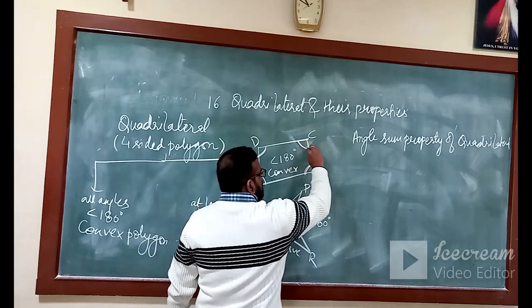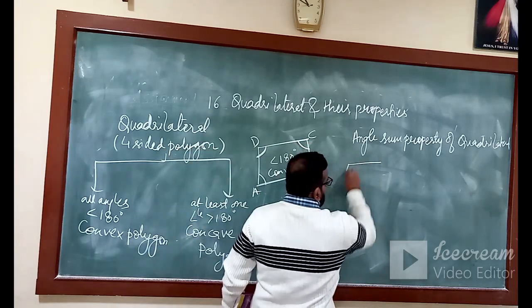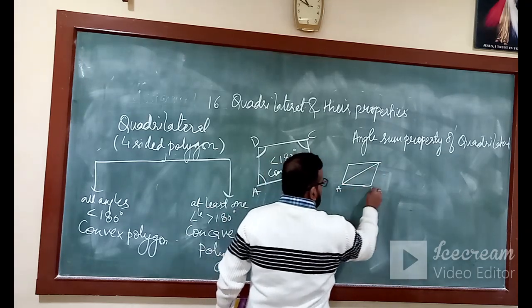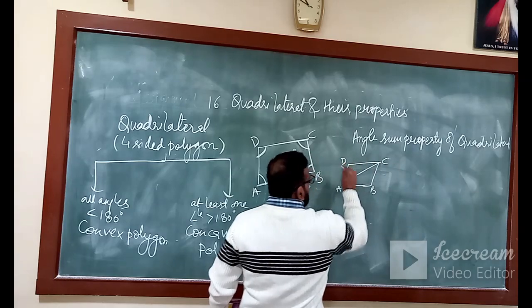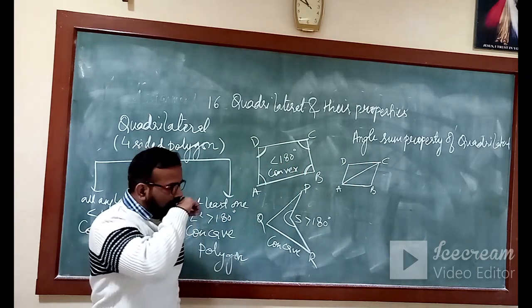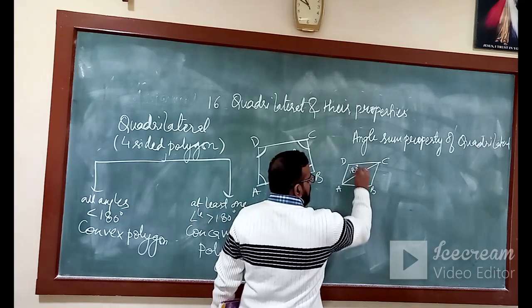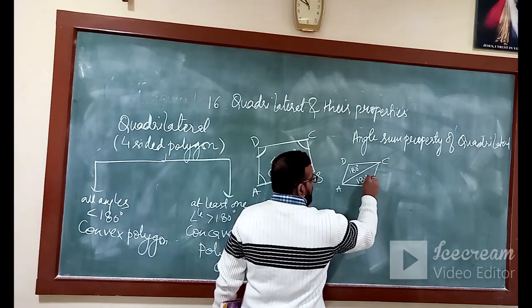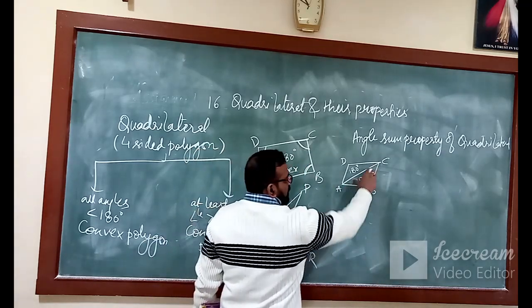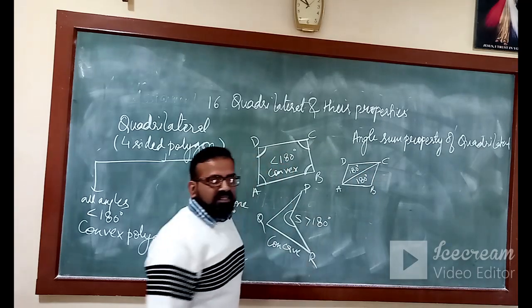If I construct a diagonal, A, B, C, D. We already knew about the angle sum property of a triangle, that is, the sum of all the angles of a triangle is equal to how much? 180 degree. So on constructing one diagonal, what happened? This quadrilateral is divided into two triangles, is it?